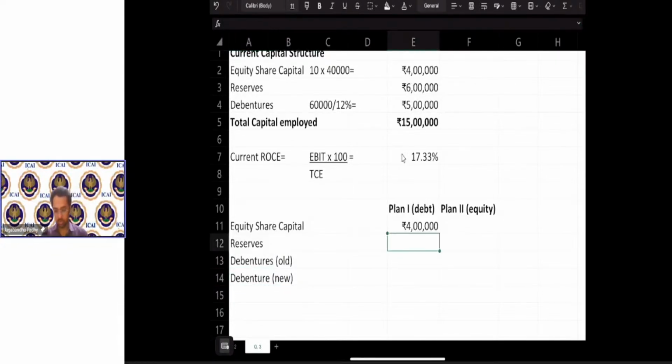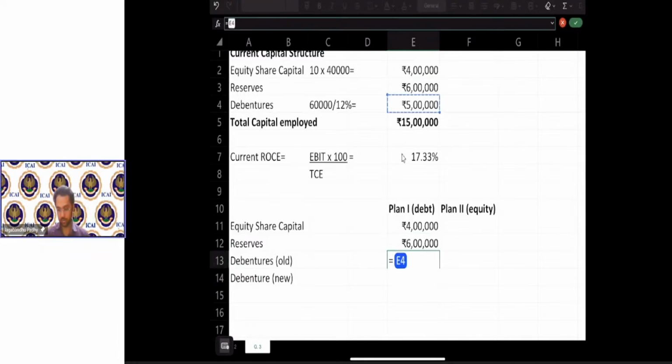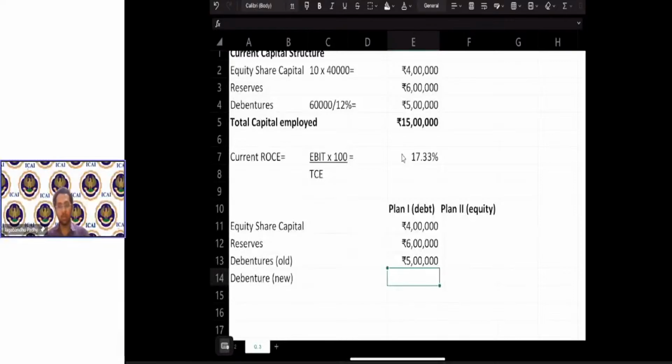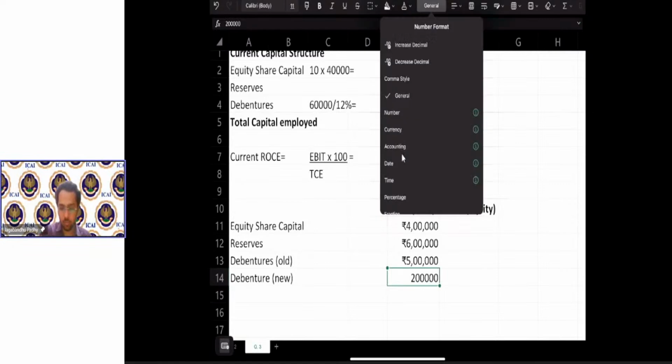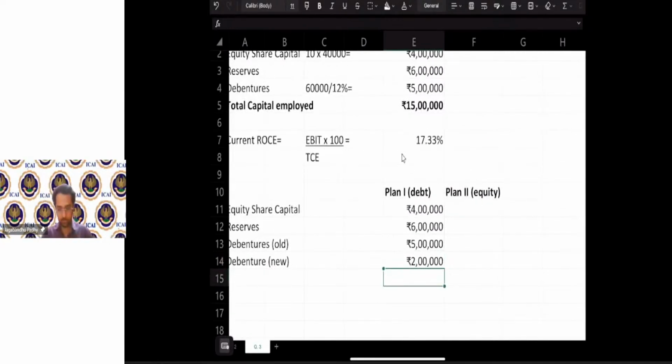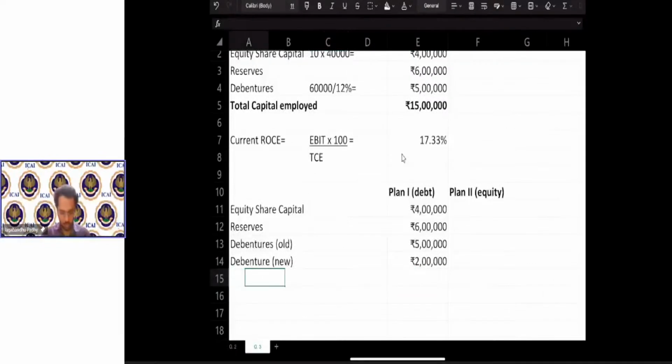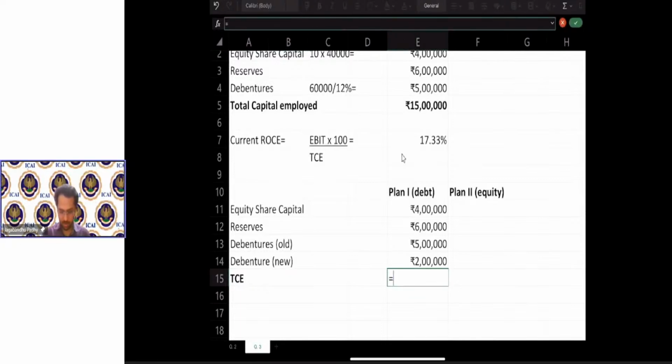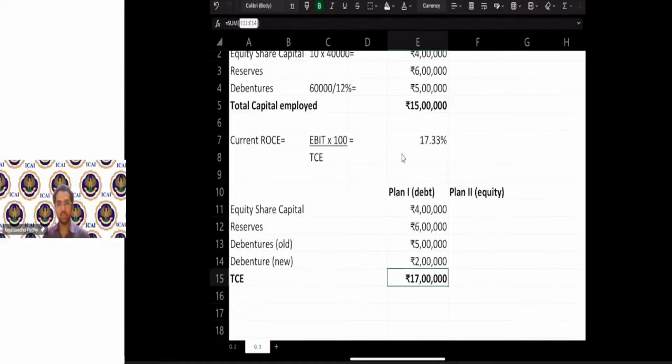So reserves will continue to be 6 lakh, and the old debentures are going to be 5 lakh, and the new debentures, if you're raising it by way of 2 lakh, we'll have to see what is happening to the total capital employed over here. If we have a look at it, the total capital employed is simply the summation of all four of them, which is 17 lakh.